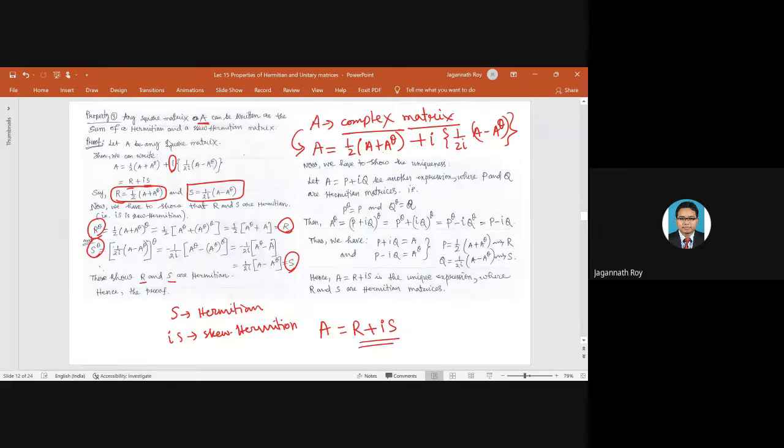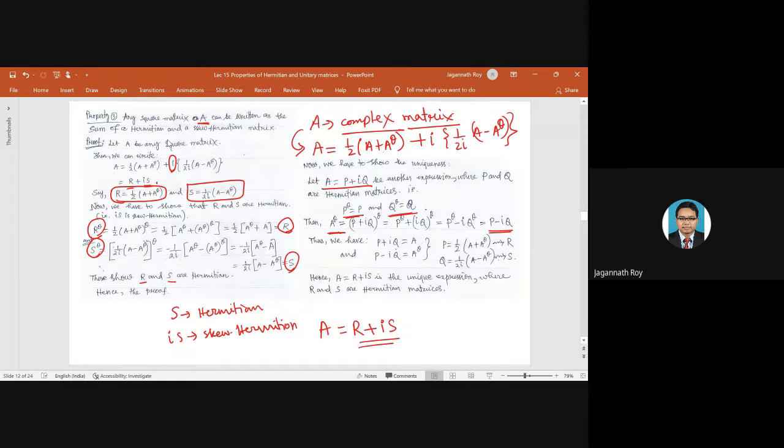Now the question is whether this expression is unique or not. The answer will be yes. For example, suppose A can be written as P plus IQ, where both of them are Hermitian. Then it is easy to prove that P theta equals P and Q theta equals Q. Then if you take A theta, you will get two equations for two variables, A and A theta.